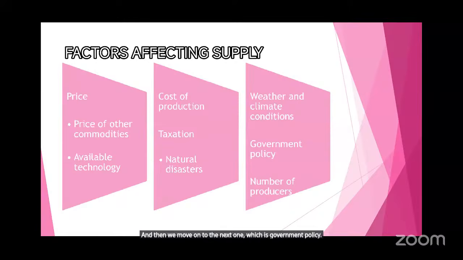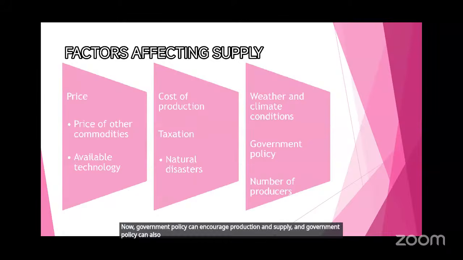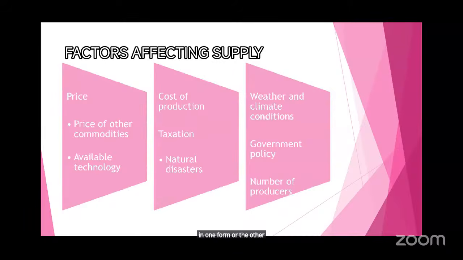Now, government policy can encourage production and supply, and government policy can also discourage production. Somebody's already given an example, which is a very good one, and that is subsidy. If government subsidizes in one form or the other, then it will encourage production.